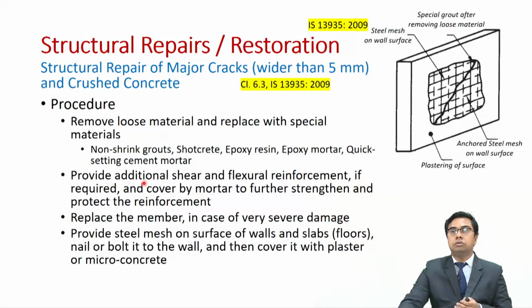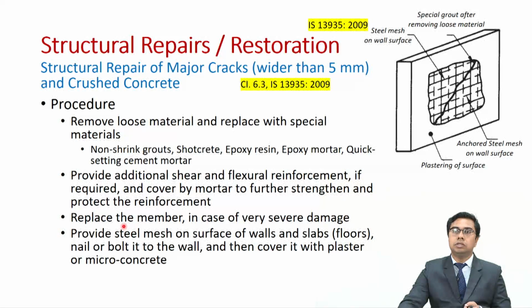Then we shall also provide additional shear and flexural reinforcement if required, and we will also cover them with mortar to further strengthen and protect the additionally provided reinforcement. Sometimes in case of very severe damage, we may need to replace the member.